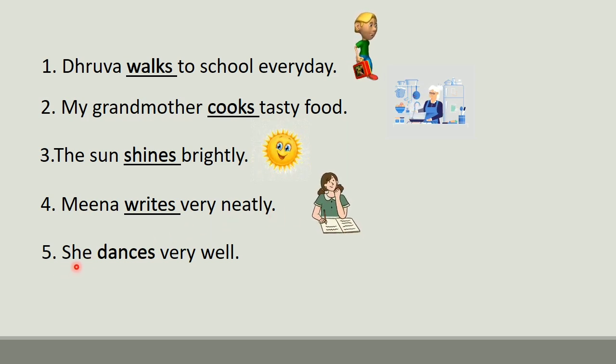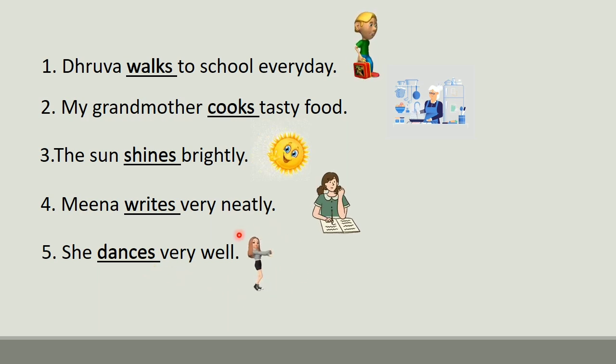Fifth sentence: She dances very well. Now who are we talking about in this sentence, children? She. She is a girl. So we are talking about someone. And what is that girl or lady doing? She dances. Dances becomes the action word or the verb.